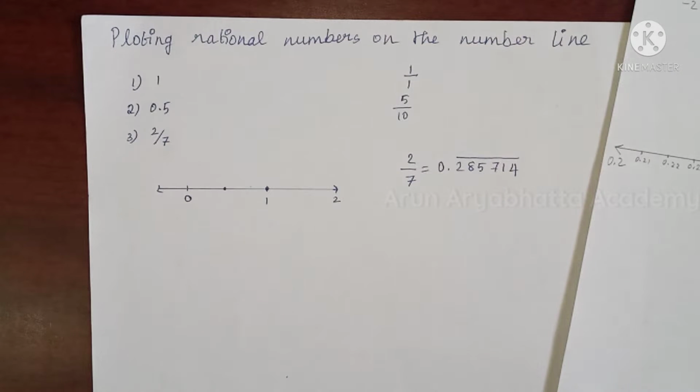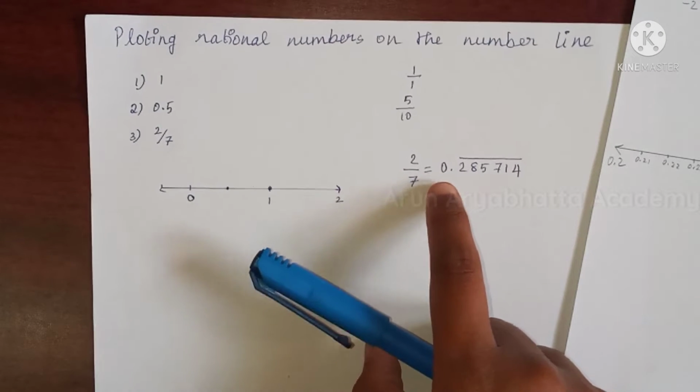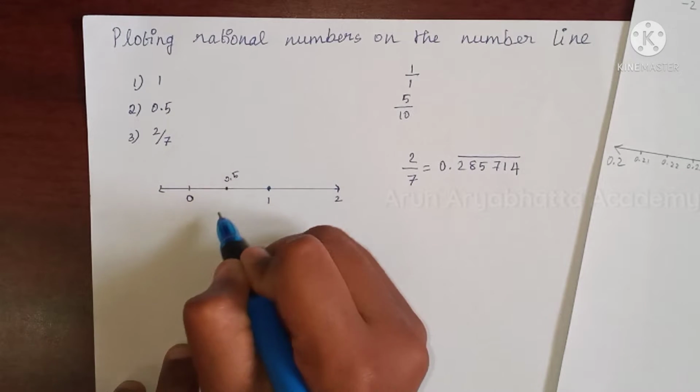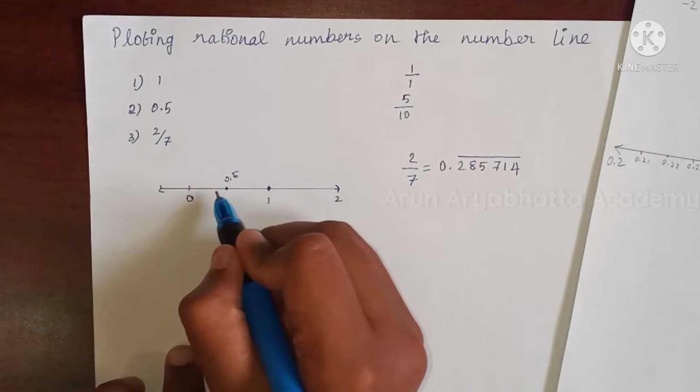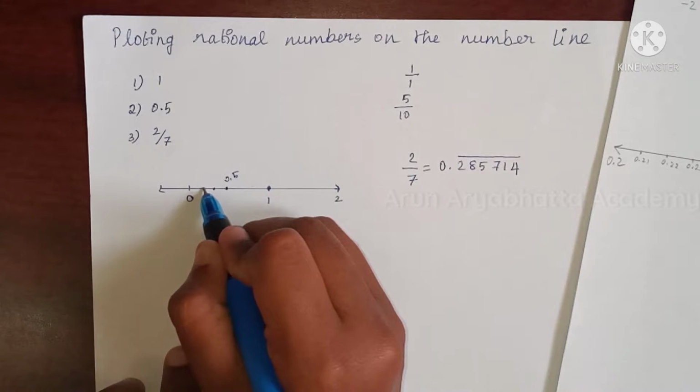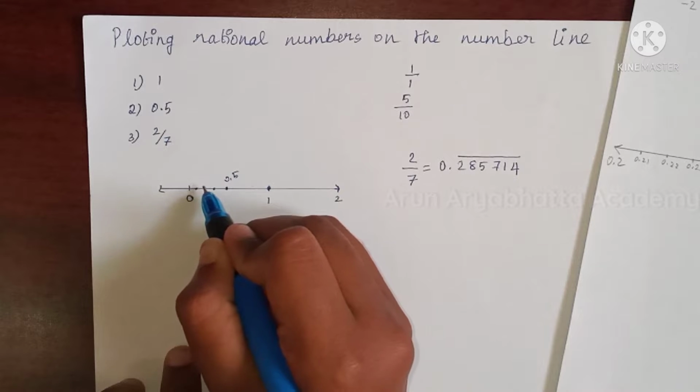First we are going to find out where 0.2 will be. So 0.5 is this, so this will be 0.4, 0.3, 0.2.